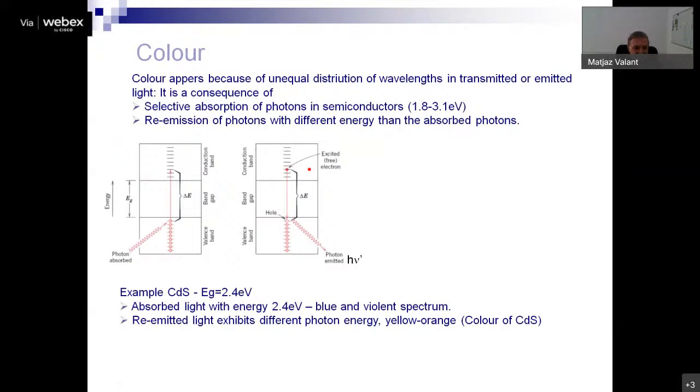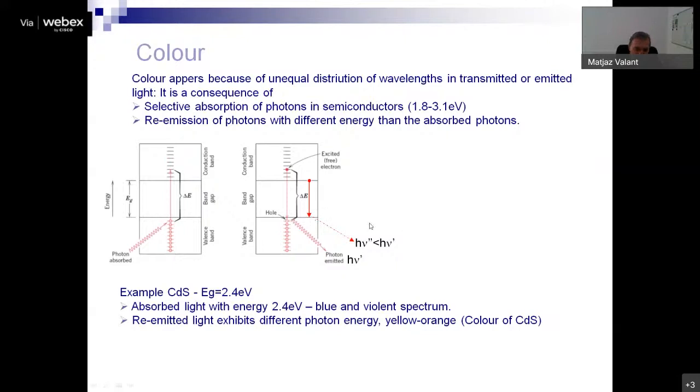So in non-metals, we have already talked about this. The color comes from the excitation of the electrons over the band gap, their consequent thermalization, which does not emit anything, it does not radiate, and then relaxation back to the ground state.